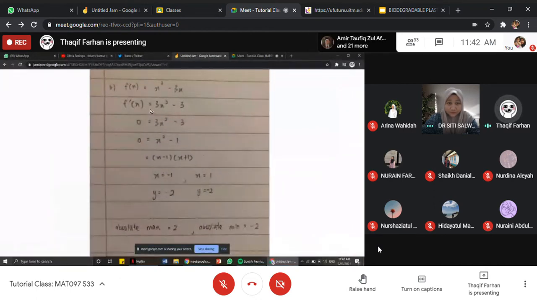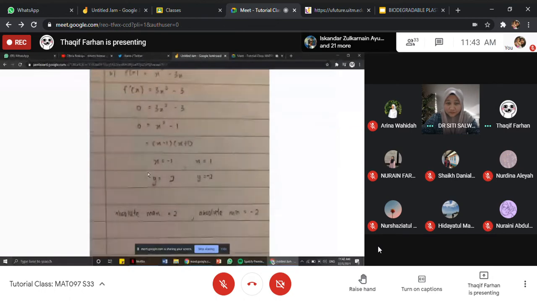Can you see? Ya. We factor x equal to 2 and y equal to -2. So absolute max will get 2 and absolute min will get -2.